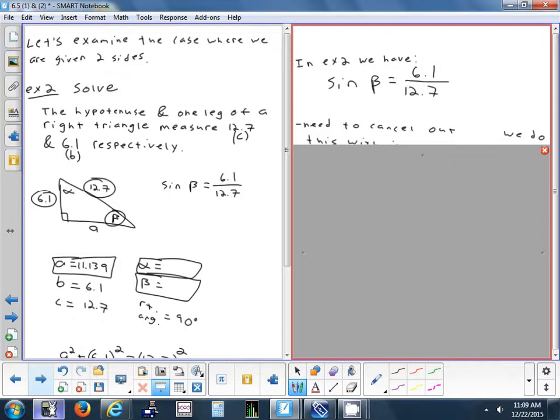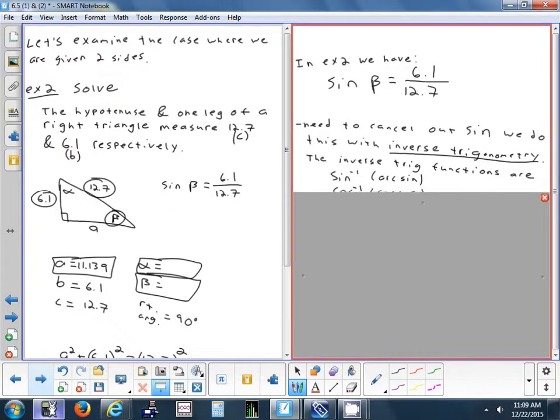We're going to do cosine in a second. You guys chose to do the other one first, which is fine. To cancel out a trig function like sine, cosine, or tangent, we use what's called inverse trig. This is the first time we've seen these symbols in this class.